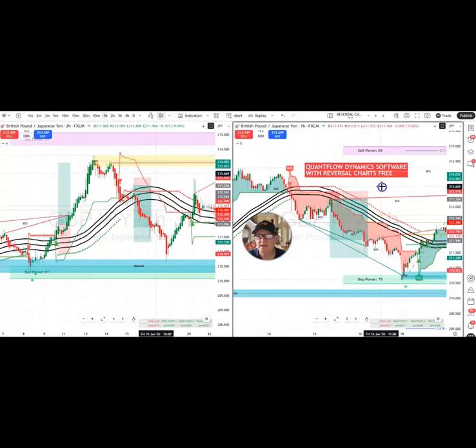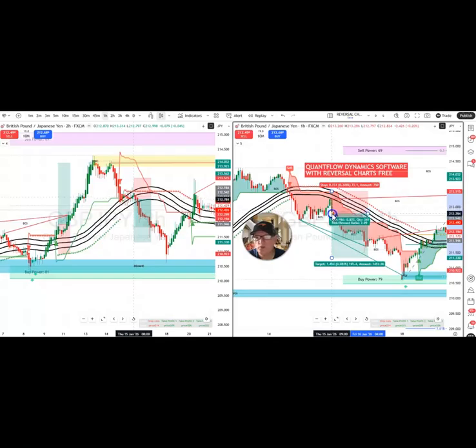Again, this trading is not an exact science. It's how you interpret the charts and how you want to trade it and how you want to risk, based upon your personality, basically.